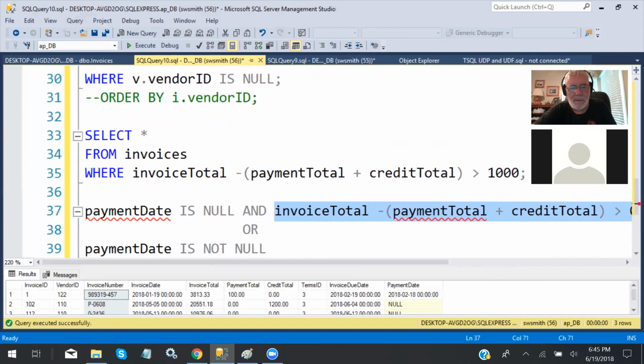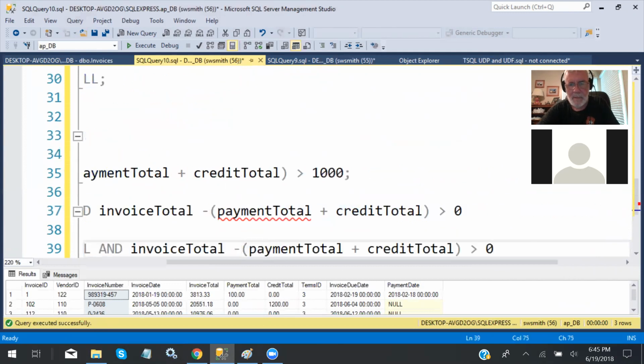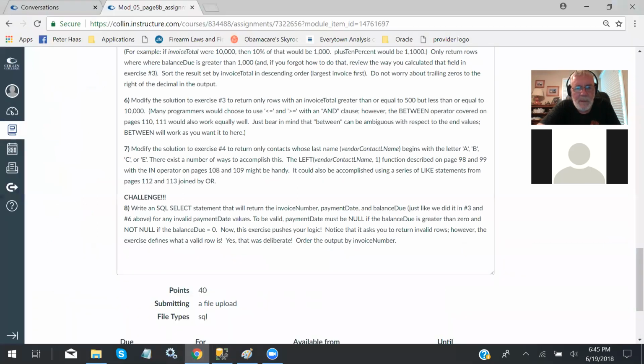So this one should be and equals 0, right? I thought one would be not equal to 0. Well, let's go read it. The first one says greater than 0. Next one is not equal to 0. Must be null if the balance is greater than 0, and not null if balance due is equal to 0.